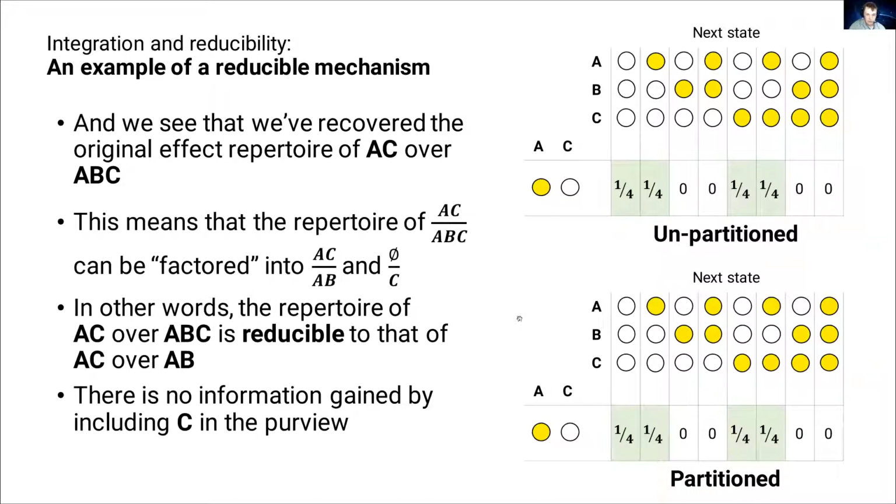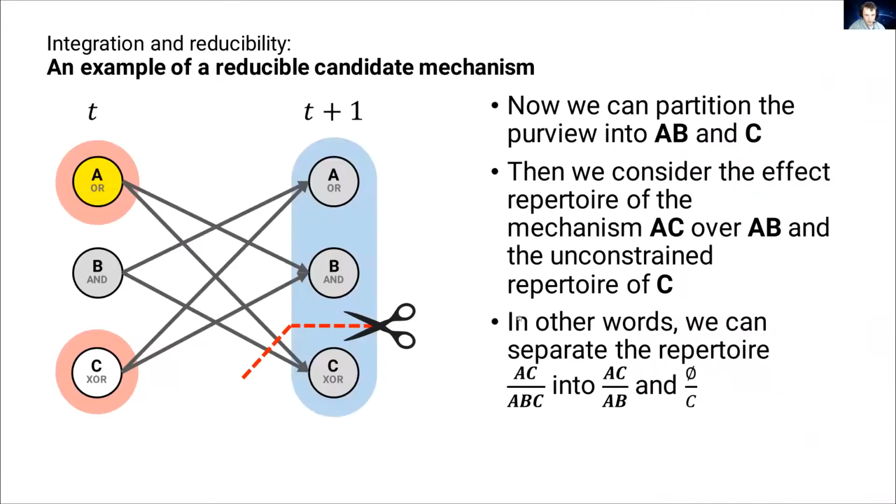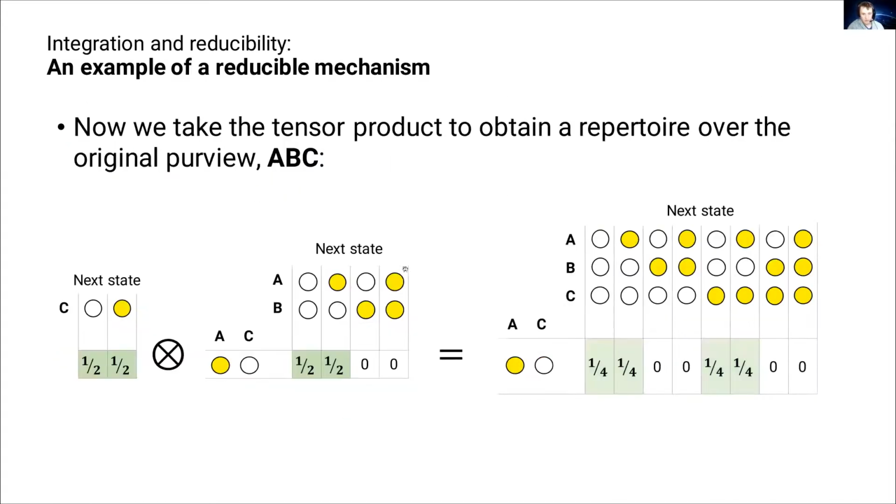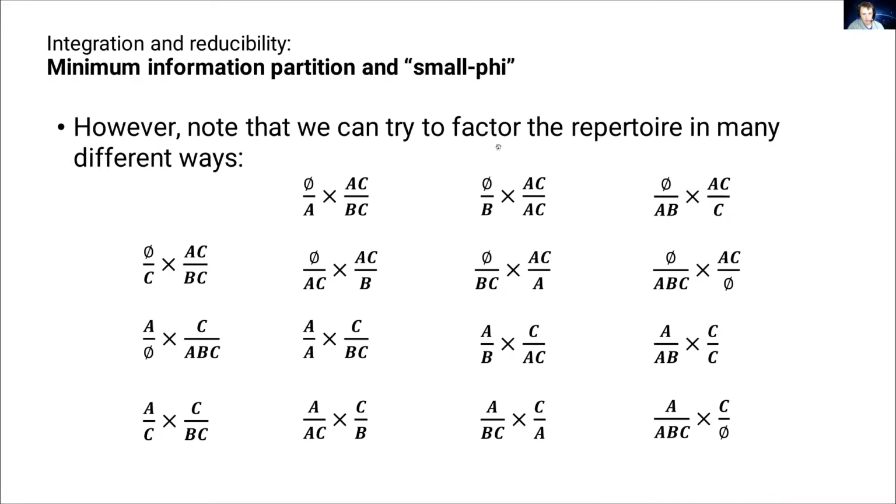So this is selecting just one particular partition. We've got some mechanism AC and some purview A, B, and C, and we're just partitioning C off from A and B. But in general, we're interested in all of the different ways that the repertoire can be partitioned or factored.